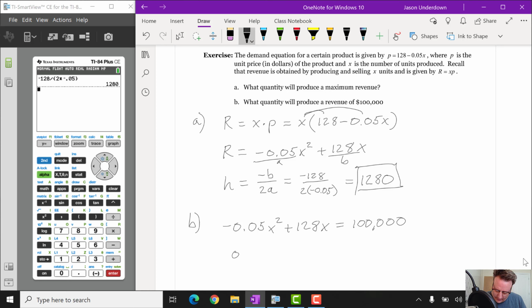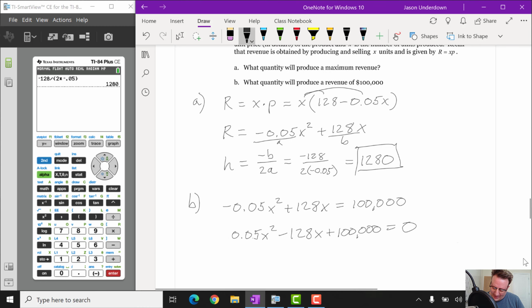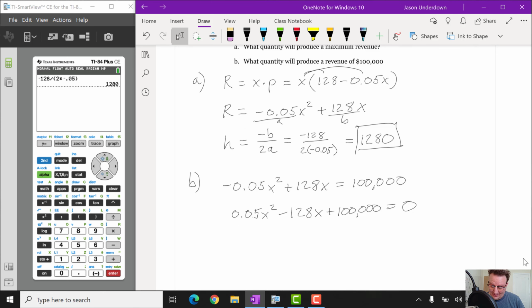So when I do this, I'll get 0.05x squared minus 128x plus 100,000 equals 0. Okay. I do not want to try factoring that to solve it. I think I will use the quadratic equation.